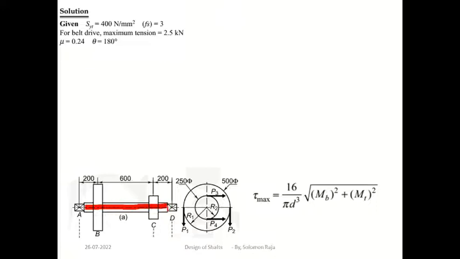This is the shaft, and this shaft is attached on two bearings: number one, A, the first bearing, and number two, D. It is getting power from pulley B.